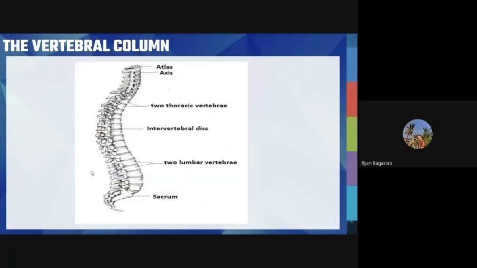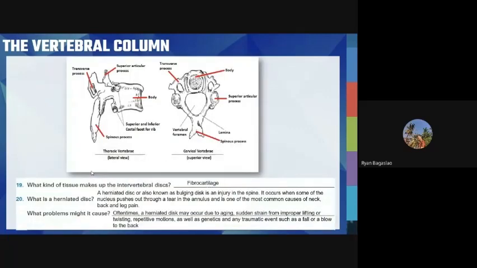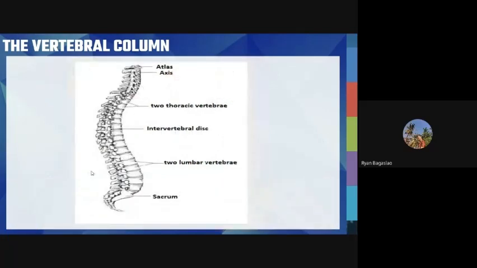Next slide, please. As you can see, this is our vertebral column. Our vertebral column is composed of 24 single vertebrae and two fused bones, which are called the sacrum and the coccyx.